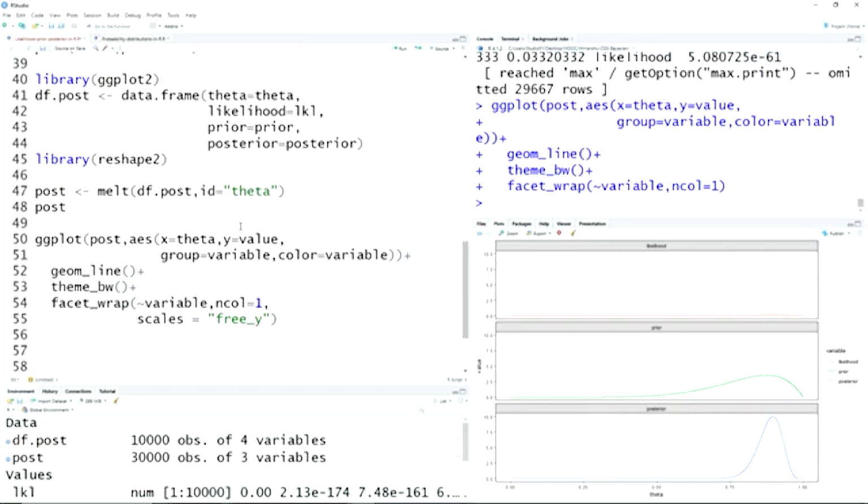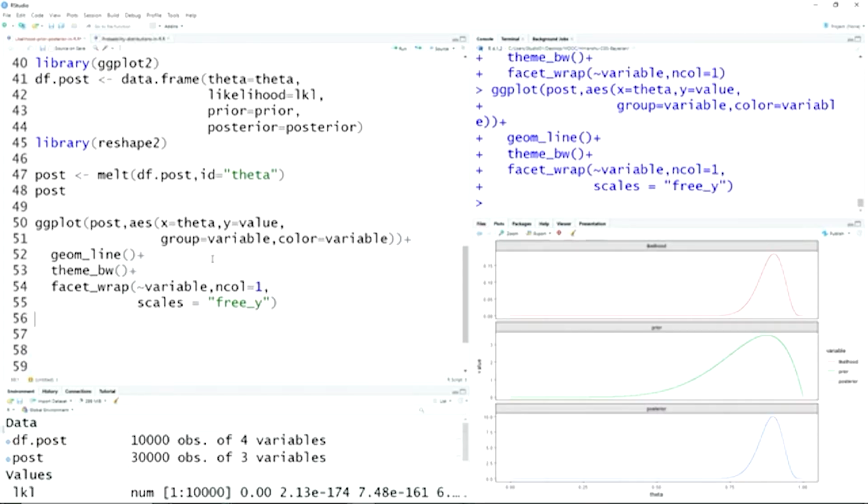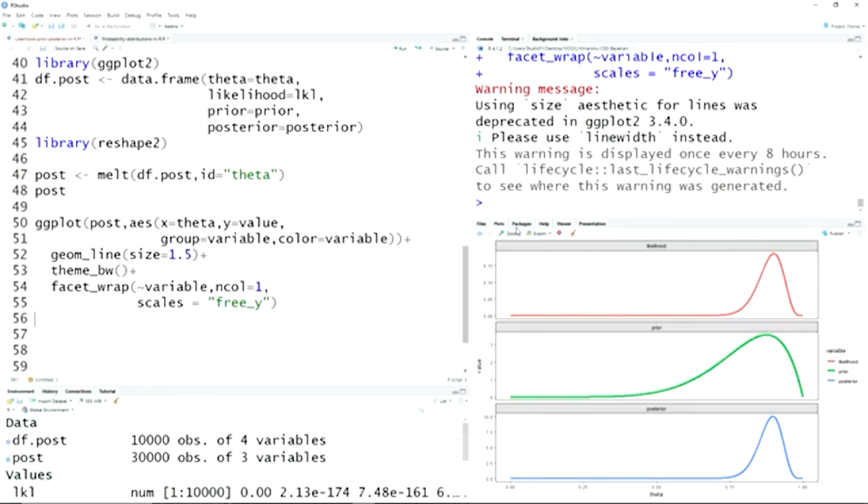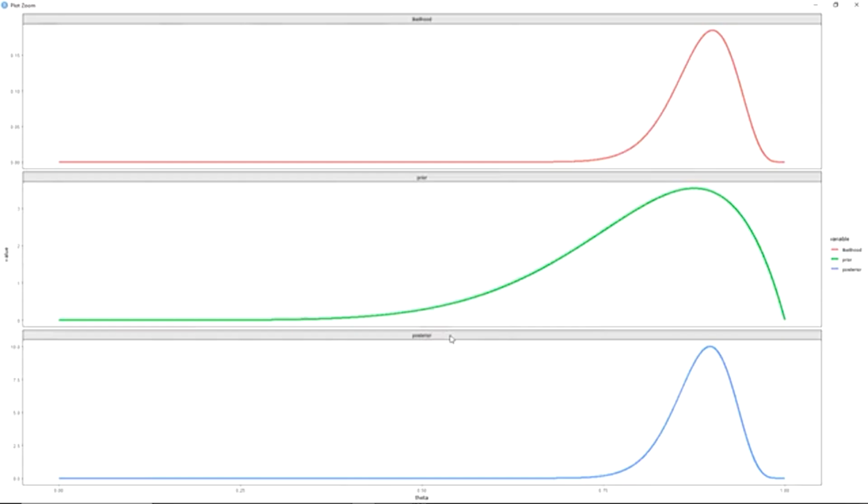Okay, so I need to adjust for that. Okay, so now our plot is complete. So let me zoom it so that you can see clearly. Yes. So this is our plot of likelihood, prior and posterior.